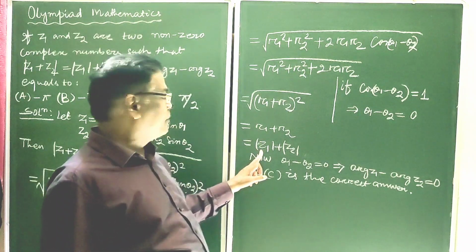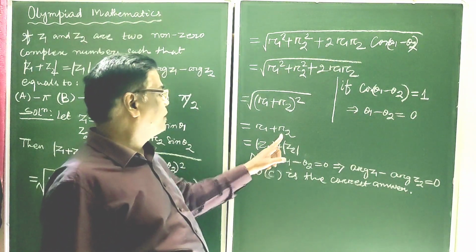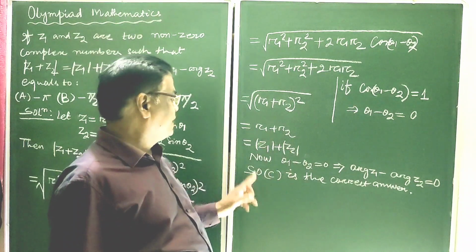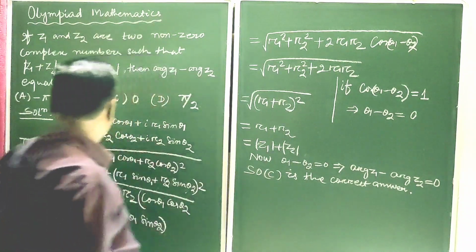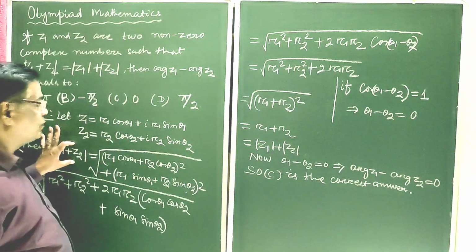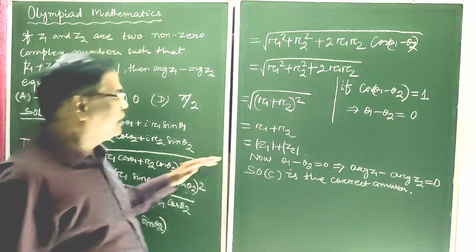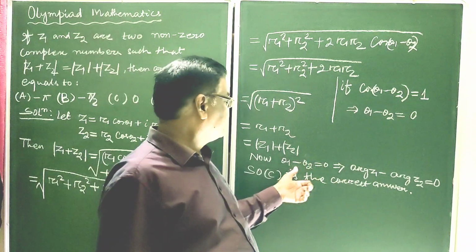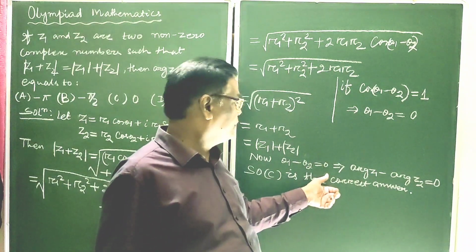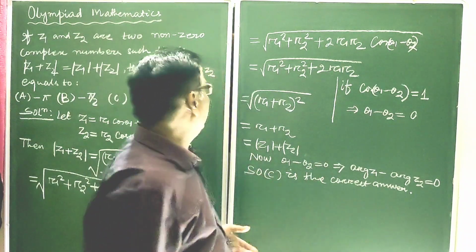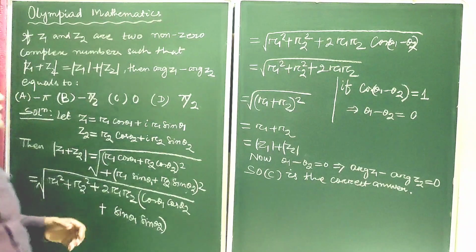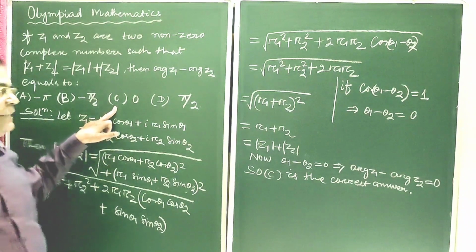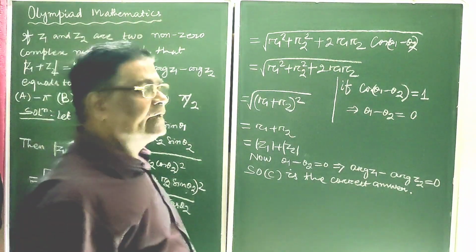And we know R1 means mod Z1 plus R2 means mod Z2. The condition given is mod Z1 plus Z2 is equal to mod Z1 plus mod Z2. So in that case, we are getting theta 1 minus theta 2 is equal to 0. It means argument of Z1 minus argument of Z2 is equal to 0. So option C is the correct answer.